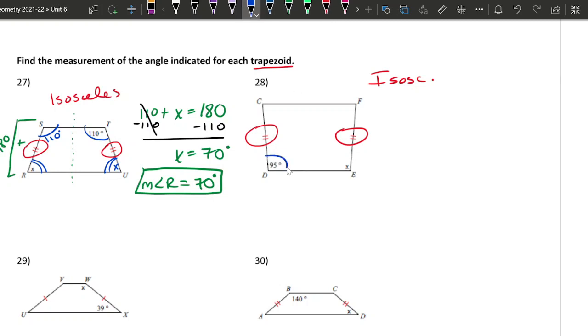So if angle D is 95 degrees, then angle E is also 95 degrees. And that's it. Didn't even have to solve anything. I just needed to know the property. For isosceles trapezoids, base angles are congruent. Not all trapezoids, just isosceles.